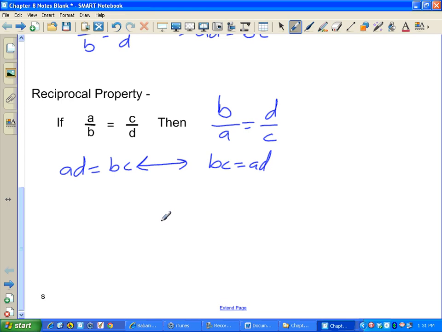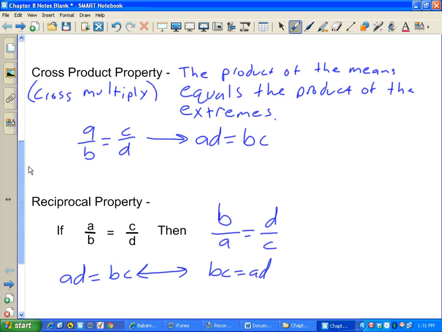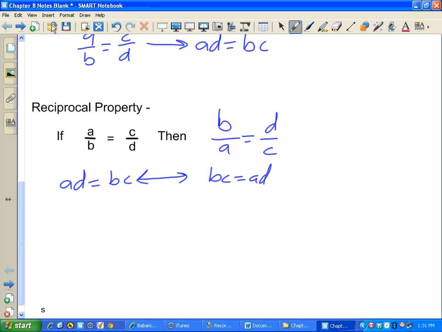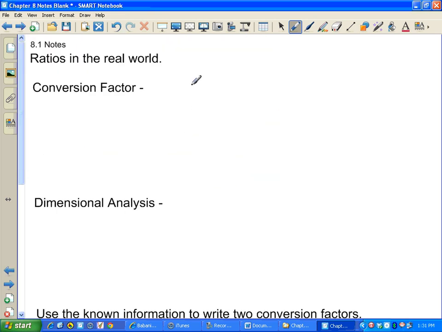So we're going to be using these properties not only in this chapter, but in our next chapter to help us solve proportions, because proportions are what we're going to be using for a lot of the rest of the year. So let's look at another application of ratios. Ratios in the real world are usually used for converting things.